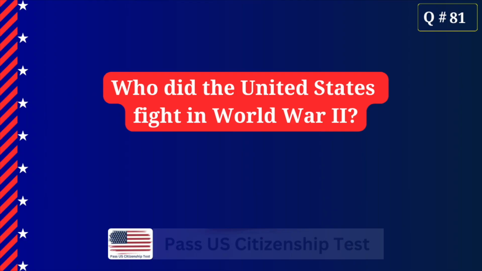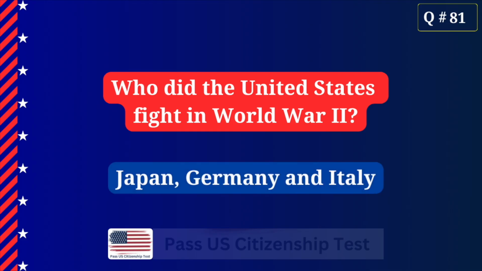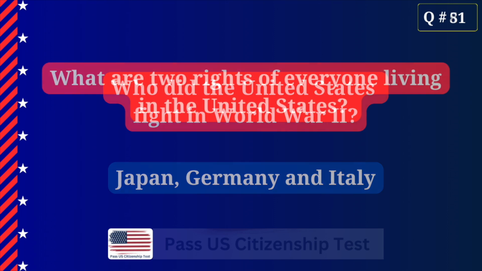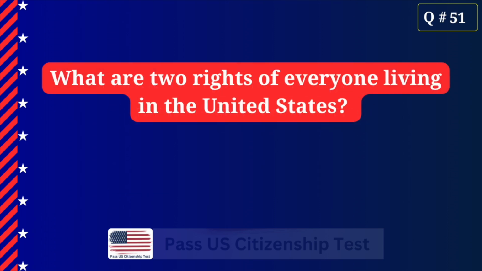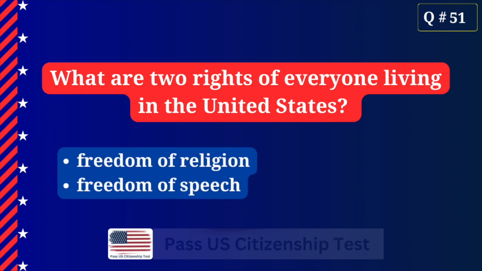Who did the United States fight in World War II? Japan, Germany, and Italy. What are two rights of everyone living in the United States? Freedom of religion, freedom of speech.